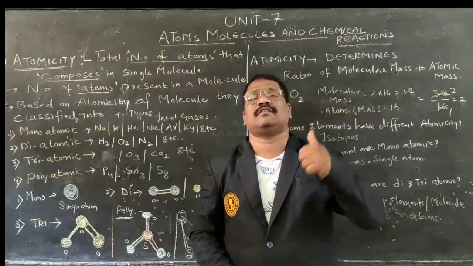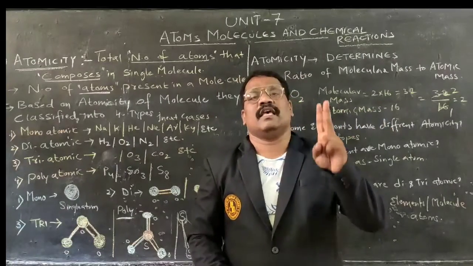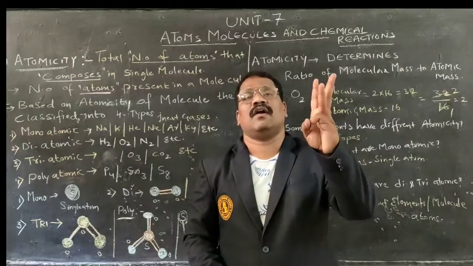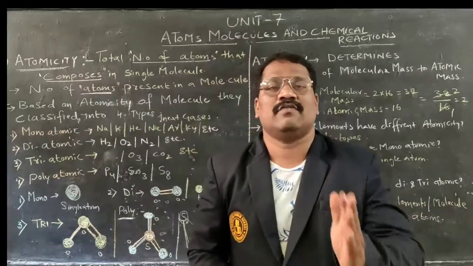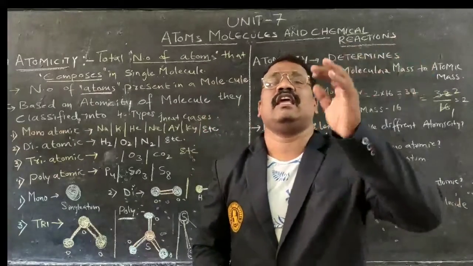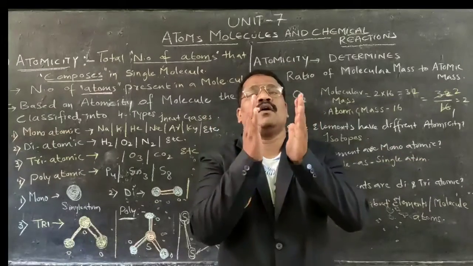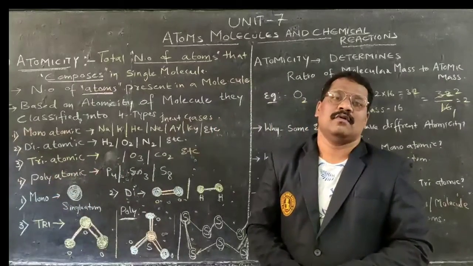First one is monoatomic molecules. Second one is diatomic molecules. Third one is triatomic molecules. And if more than 3 atoms exist, we call them polyatomic molecules.